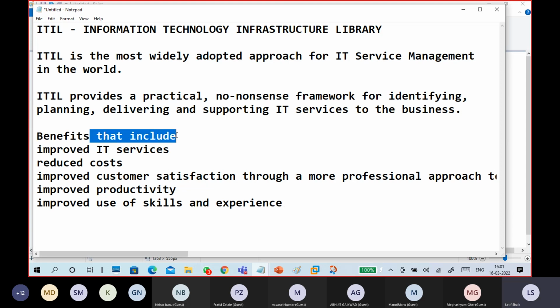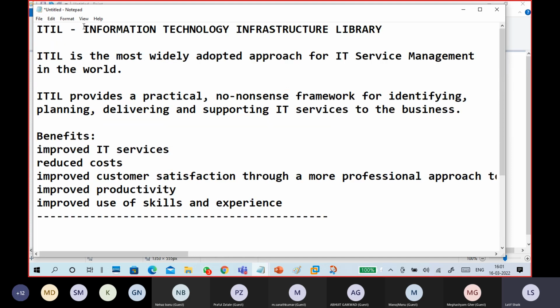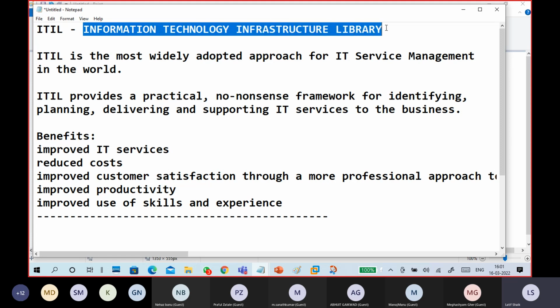Benefits of ITIL: improved IT services, reduced cost, improved customer satisfaction through a more professional approach, improved productivity, use of skills and experience. Right, guys, this is the first question. What is ITIL? Information Technology Infrastructure Library.